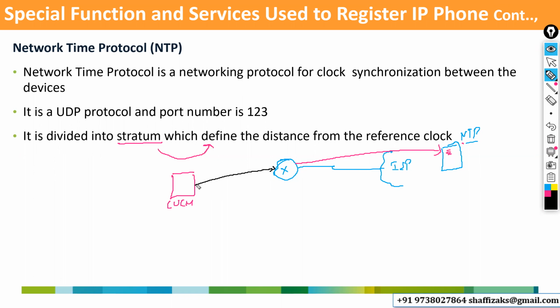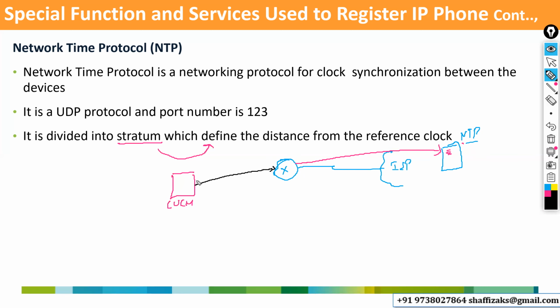Now, how much distance do we have from the CUCM to the NTP server? Or how many hops do we have to reach from CUCM to NTP? We have 2 hops.